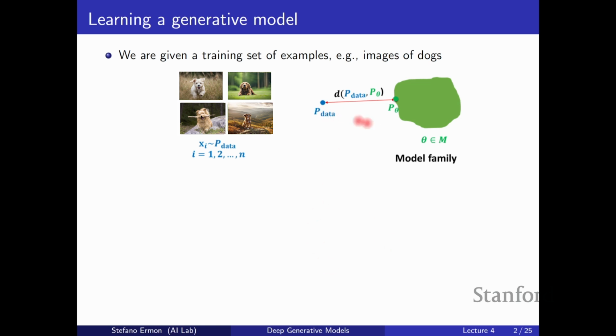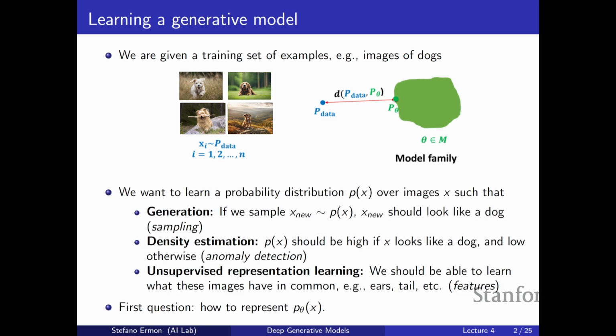You have data. To train a model, you have to specify some notion of distance, how similar your model distribution is to the data distribution. And we've seen how to define a set of distributions using neural networks. Now the question is, how do you optimize the parameters of the neural network to become as close as possible to the data distribution?